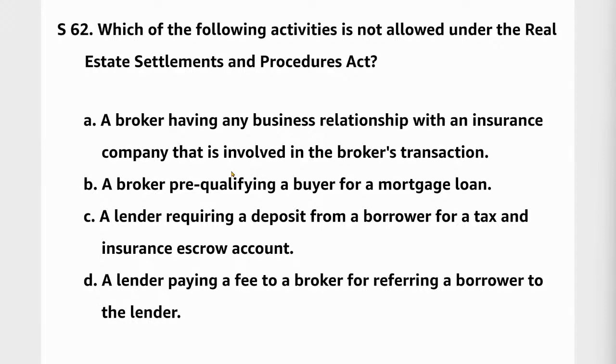See, A was a broker having any business relationship with an insurance company that is involved in the broker's transaction. Right, that is not in the Real Estate Settlements and Procedures Act. C, so which one is not allowed? Okay, it's paying a fee. So a broker can have a business relationship with an insurance company, right?